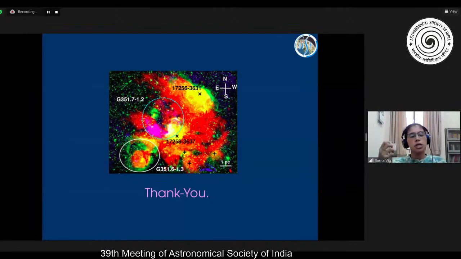But these were mostly when we were looking for disks around O-type stars, because it is very well known that around low mass stars disks exist. But whether disks exist around O-type stars, B-type stars, is now more or less confirmed, but we were trying to understand them. In that context, yes, we had looked at some of the molecular emission from B-type stars around disks.